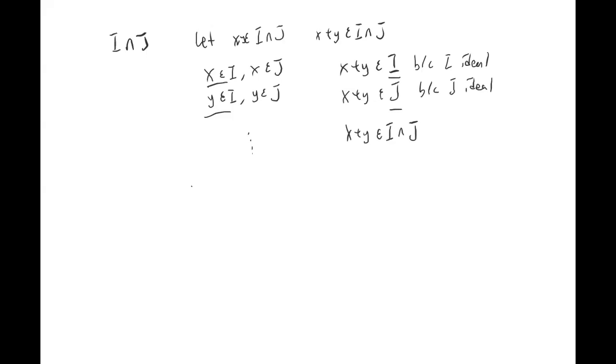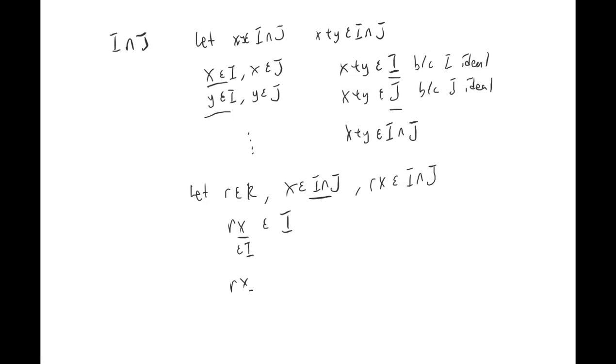So let's check the magnet property because that's the new thing. Given r in R and x in I intersect J, I need to check that rx is in I intersect J. X is in I intersect J, so I could view it as an element in I. Now this is in I because I is an ideal, so it has the magnet property.